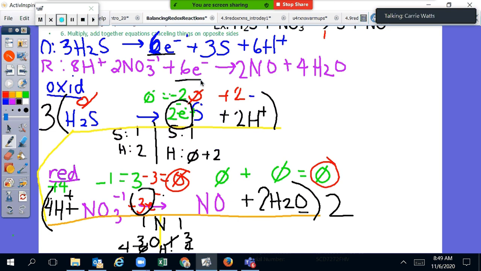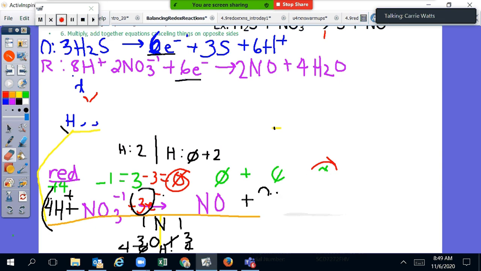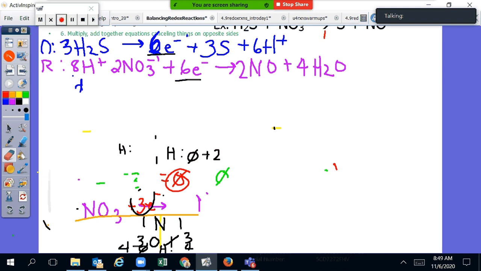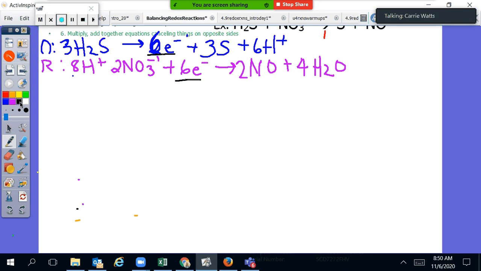Okay, now I'm going to erase what's down here. And the last thing is we got to add the equations together and cancel out. So when I add them together, remember, I'm looking at the arrow. I'm adding everything on the left of the arrow first.